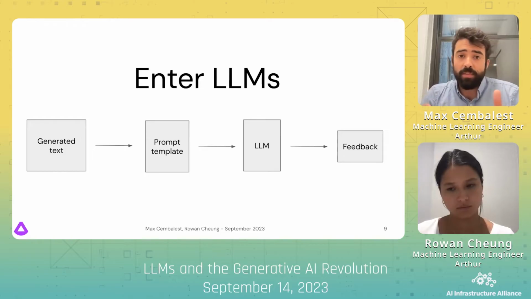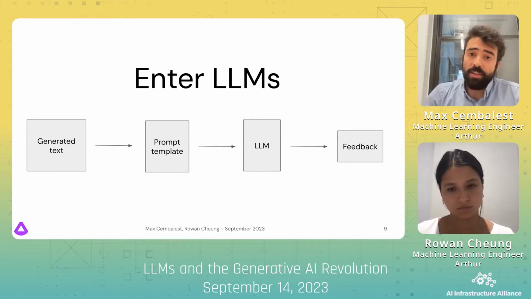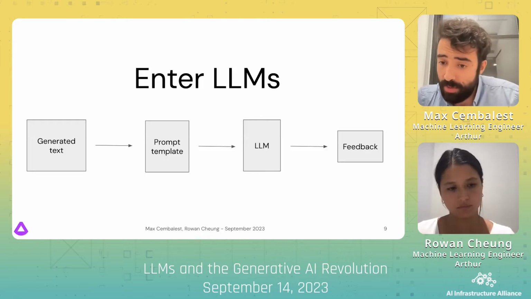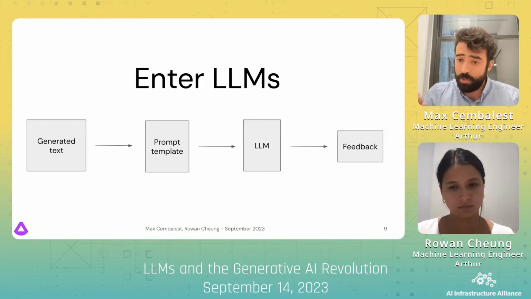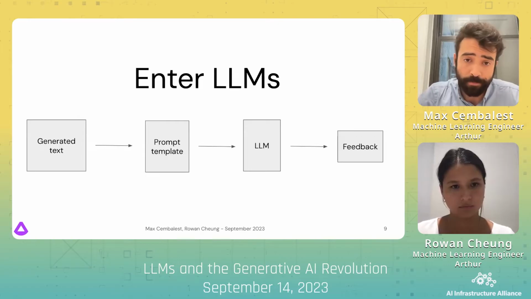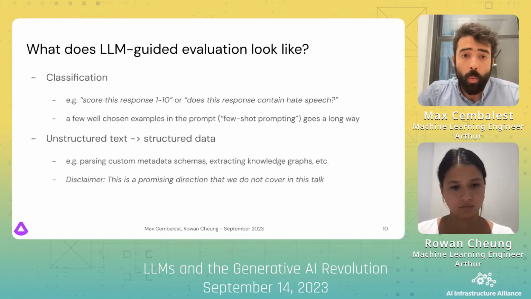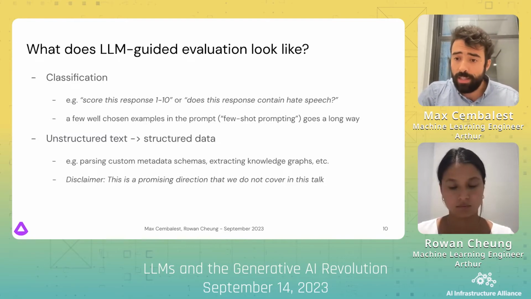So this is a very general procedure that you can adapt to use LLMs to give feedback the same way that you may have used the previous evaluation methods that we've been discussing to provide feedback on machine translation or to provide feedback on how close a summary hews to its original article. So what does this actually look like in practice?